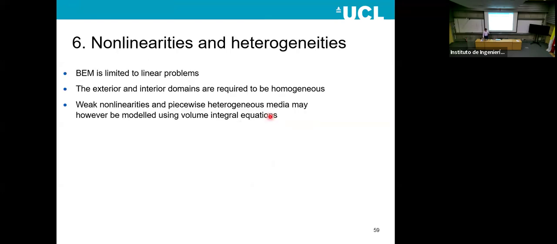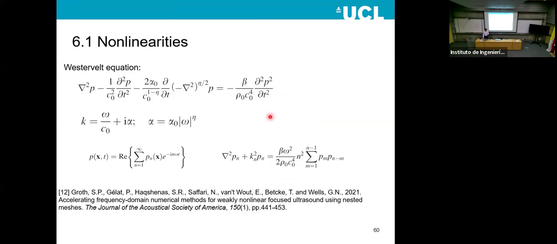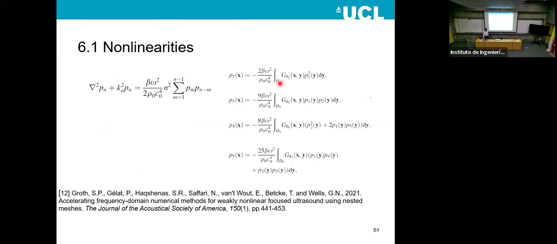Okay, I'm just very quickly going to cover nonlinearities and heterogeneities. So this is the Westervelt equation I was telling you about earlier. In certain cases, if we assume harmonic excitation, and we make the assumption of weak nonlinearity, we can end up with these sets of equations.